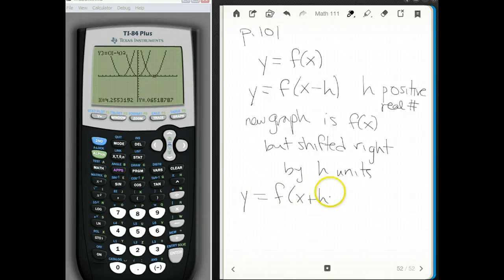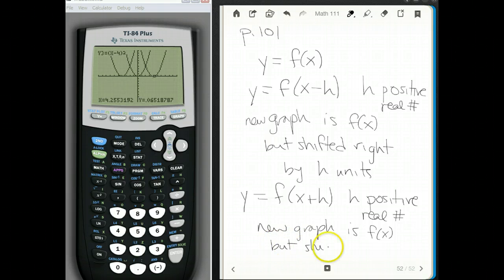And we can make an alternative if we instead add h, when h is a positive real number. Now the new graph is the same shape. It's the graph of f of x, but now shifted in which direction?